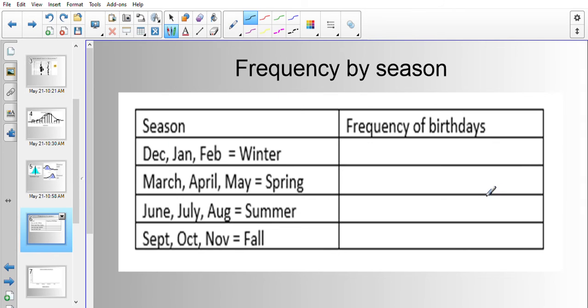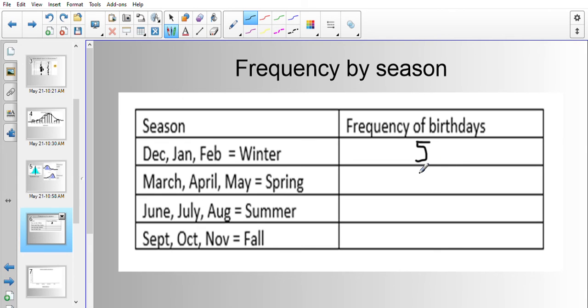So let's look at December, January, and February. I had 2 births in December, 2 in January, and 1 in February. So it's a total of 5. Okay. And March, April, and May, well, I had 2 in March, 1 in April, 4 in May.